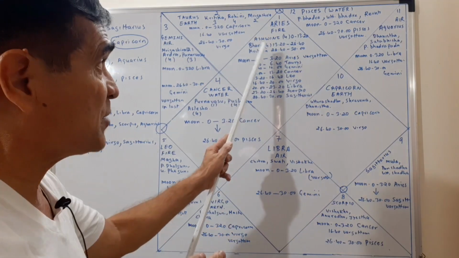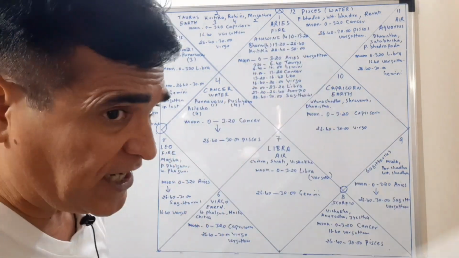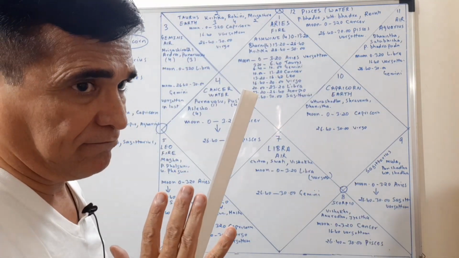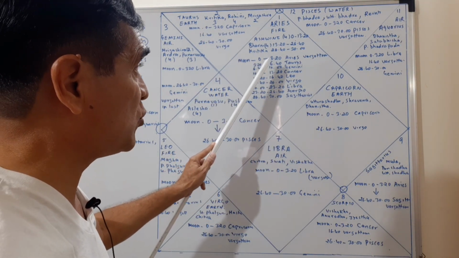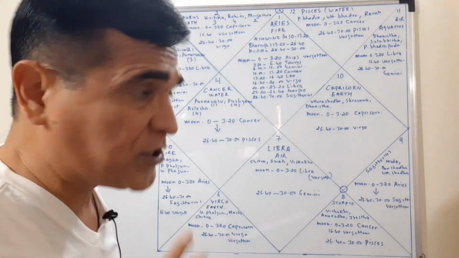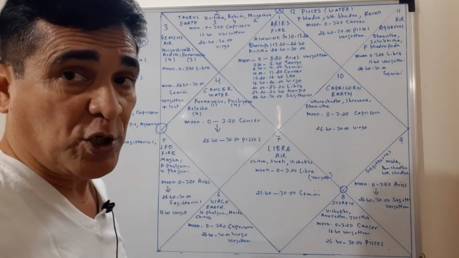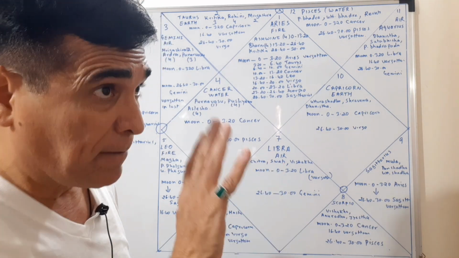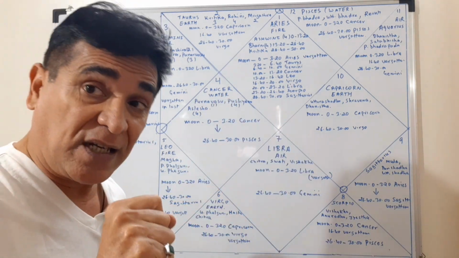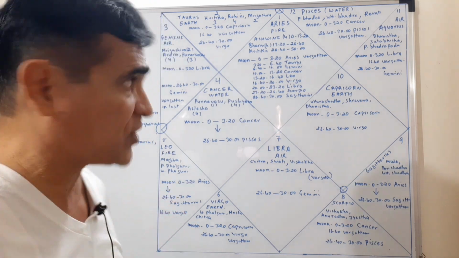That means this person will have a similar D1 and D9 chart. But after some time, when the moon moves from 3.20 to 6.40, from Aries it will turn into Taurus. That means the D1 chart will have Aries Lagna, but D9 will show Taurus Lagna.